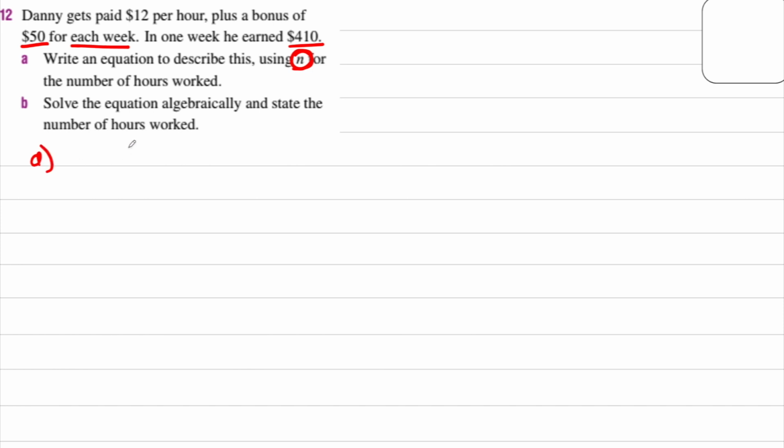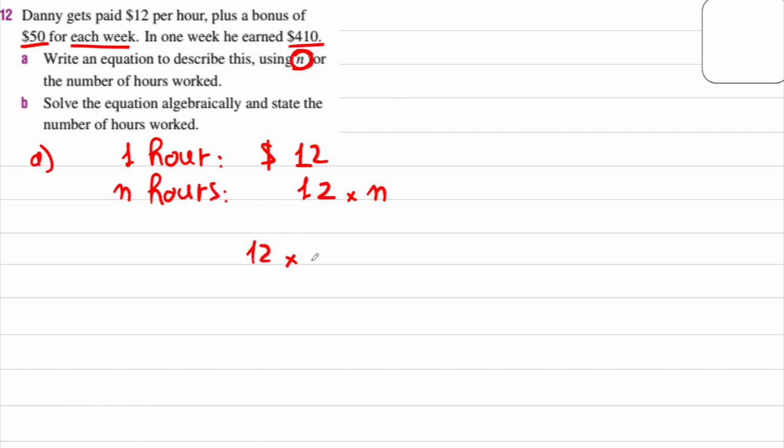Okay, so for 1 hour, he will be paid $12. So when he works n hours, you get 12 multiplied by n. And then plus a bonus of $50 each week. So 12 multiplied by n plus 50.